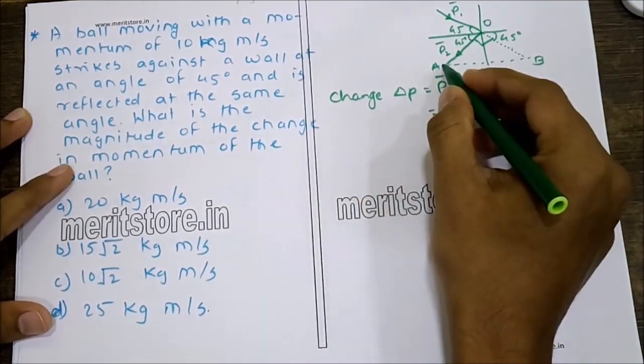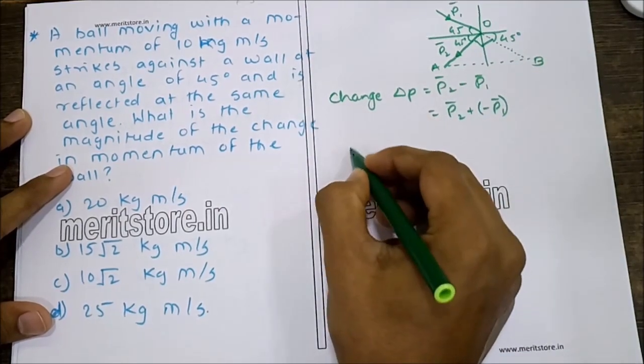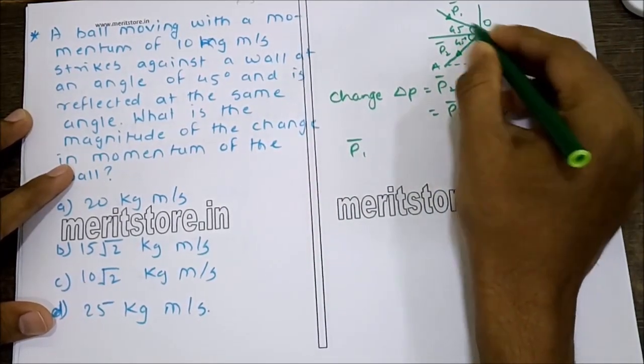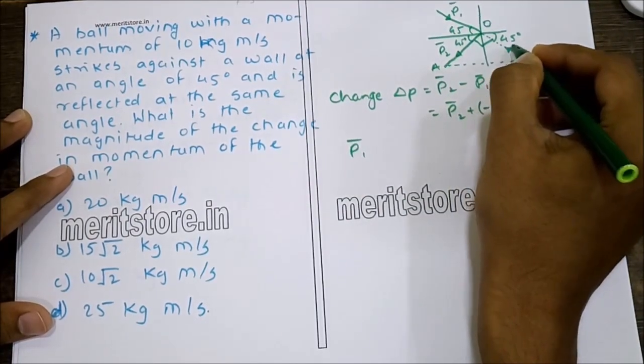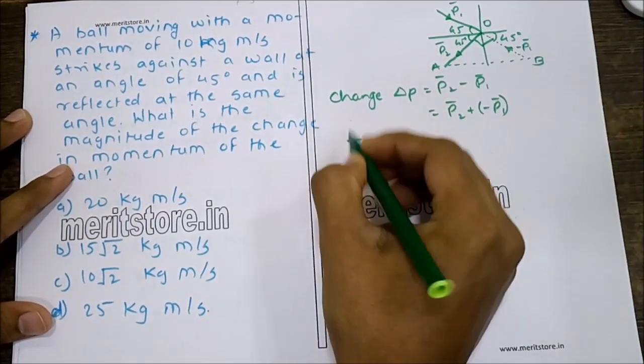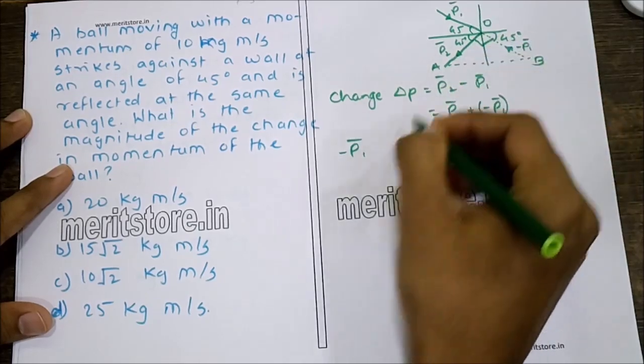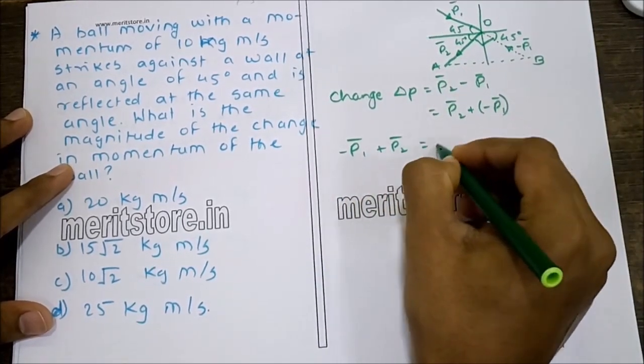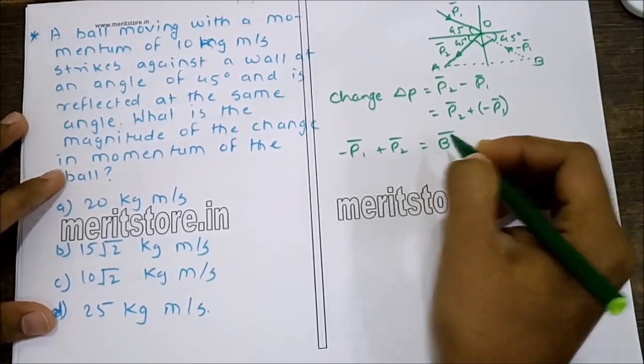Now in triangle AOB, let us write this P1 bar in the opposite direction as minus P1 bar. Therefore minus P1 bar plus P2 bar is equal to BA bar.